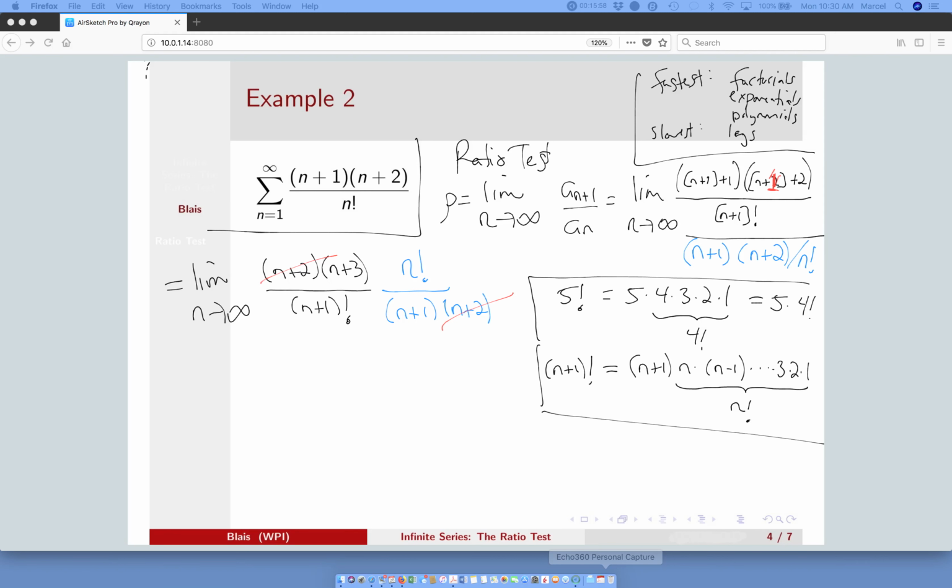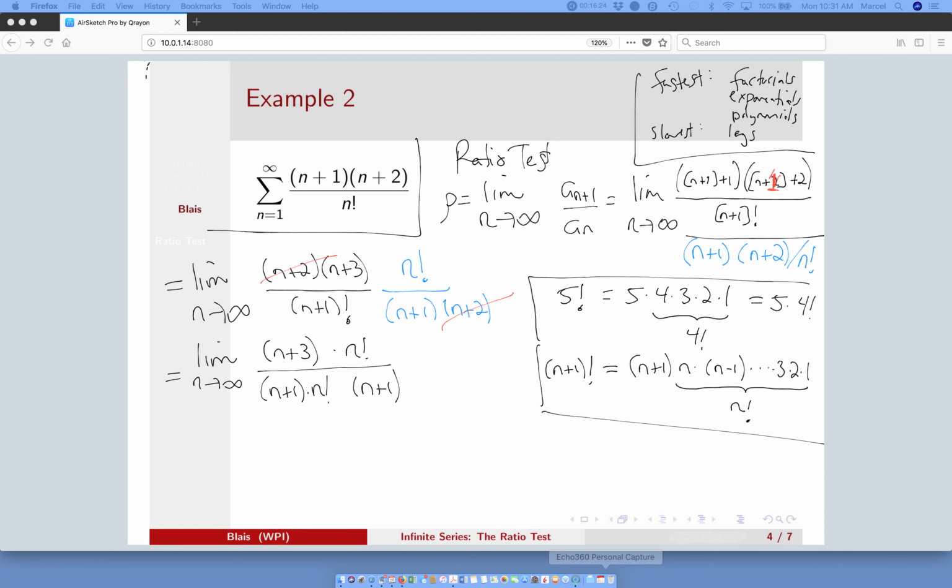That allows us to say this is the limit as n goes to infinity of n plus 3 times n factorial. We do that trick here. This n plus 1 factorial we rewrite as n plus 1 times n factorial. And then we still have that other n plus 1.